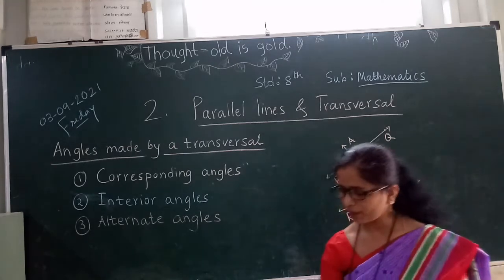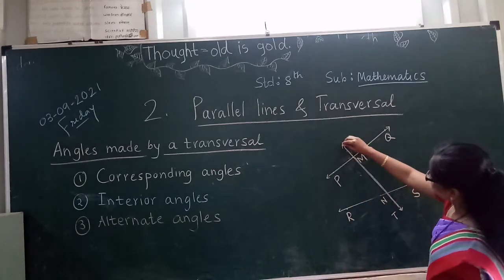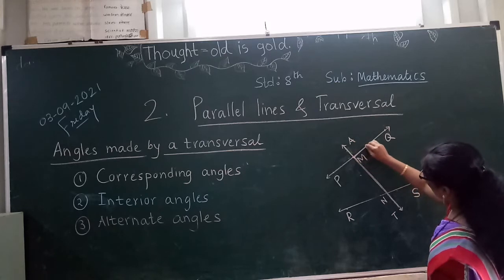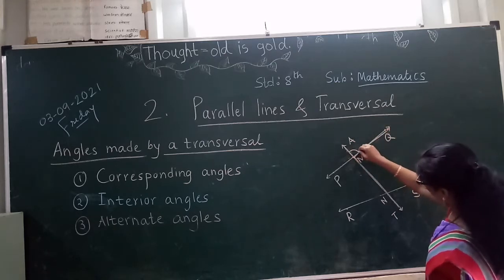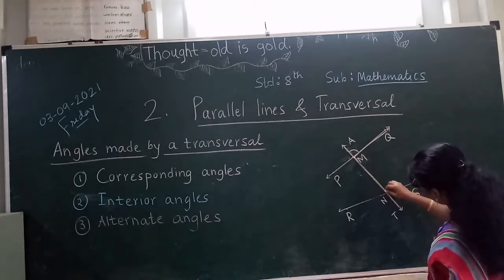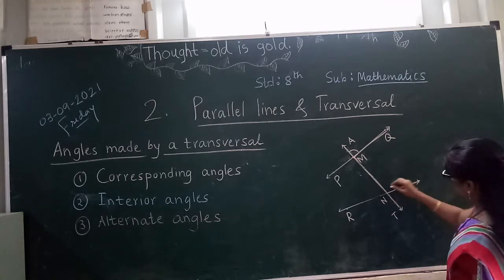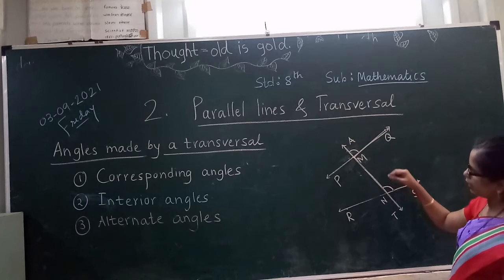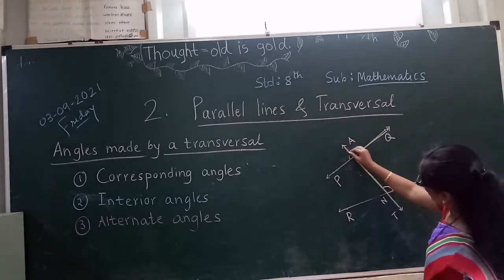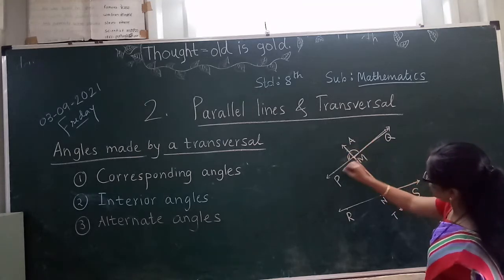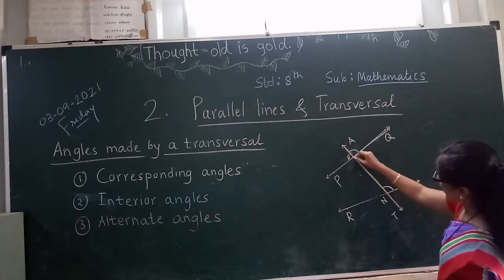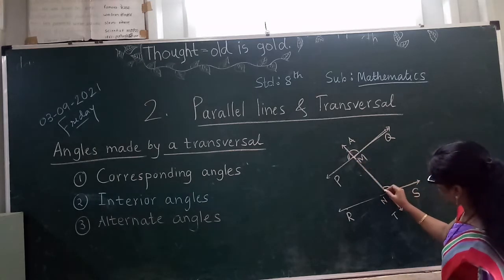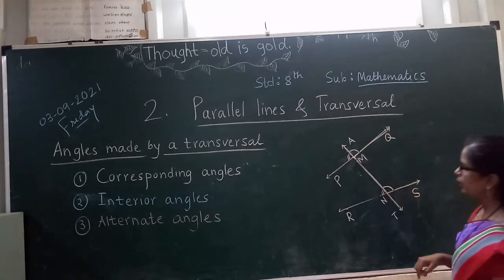Let us show it with the help of chalk. I am tracing it: angle AMQ here, angle MNS here. These two are the corresponding angles. Similarly, angle AMP, this one, and angle MNR are also corresponding angles.